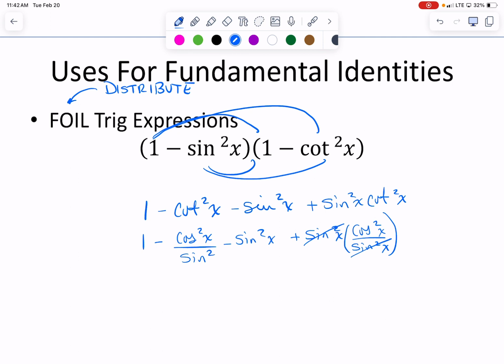So my sine squareds cancel out, right? And I have 1 minus cosine squared x over sine squared x minus, ooh, I might want to have common denominators, right? That might be a good thing to do. Sometimes you just got to try things and see if it works.